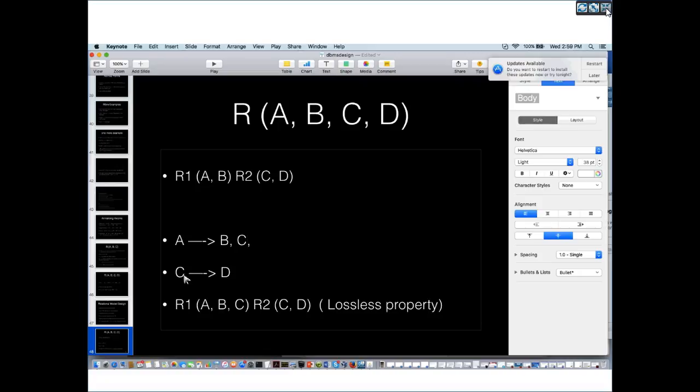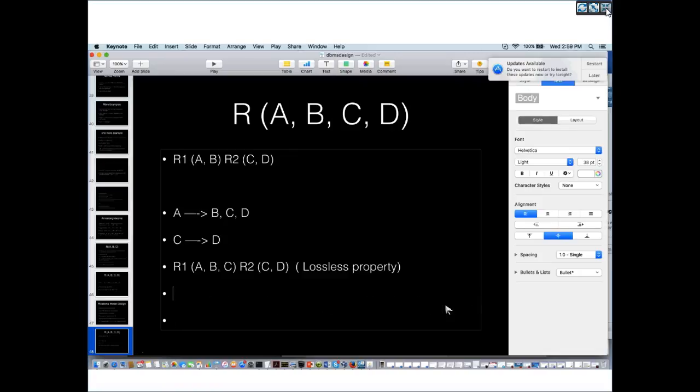I think we have to keep this D here. But then, if you want to see the dependency preservation by this split, A is actually determining B, C, and D. This split is where C is now taken off.